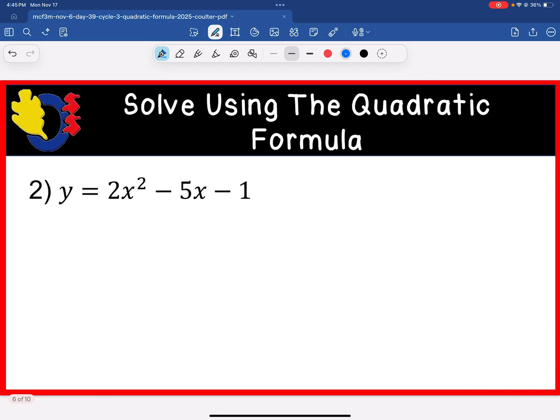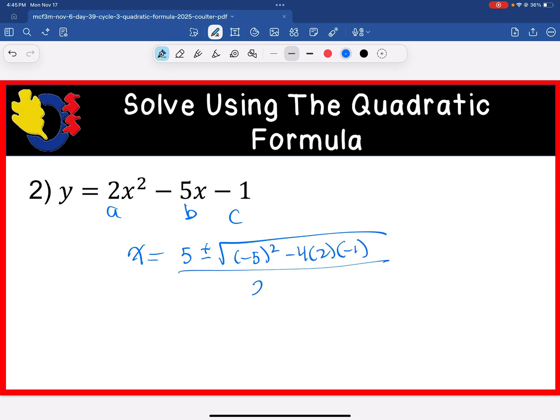All right, let's look at another example here. Okay, so a, b, and c. So x equals negative b, so negative and then negative 5 is 5, plus or minus the square root of negative 5 squared minus 4 times 2 times negative 1 all over 2a, so 2 times 2.